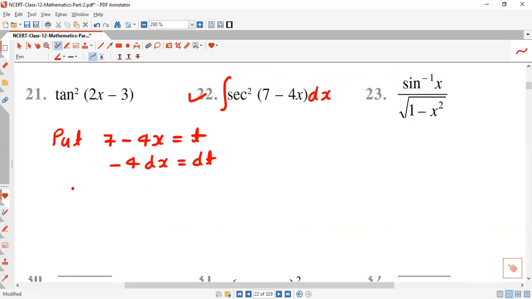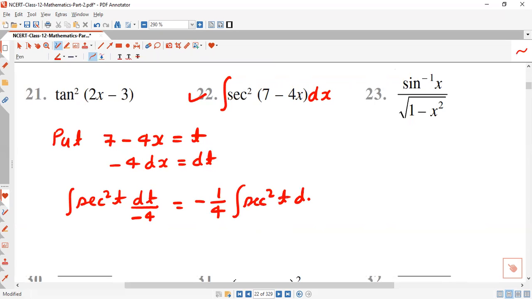So the integration becomes sec square t, and dx equals dt upon minus 4. Simplify this one: minus 1 by 4 integration sec square t dt.